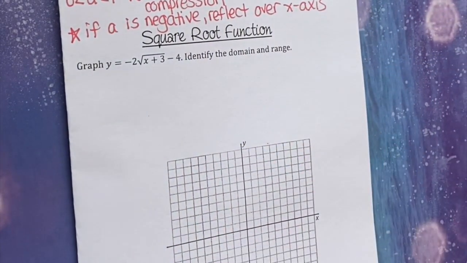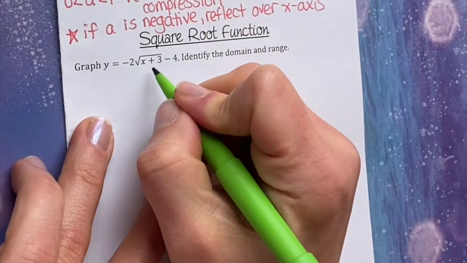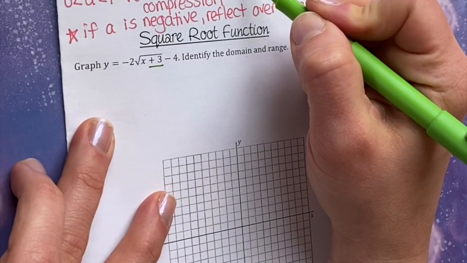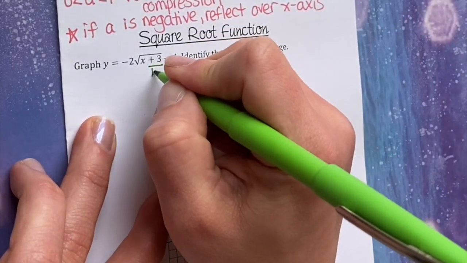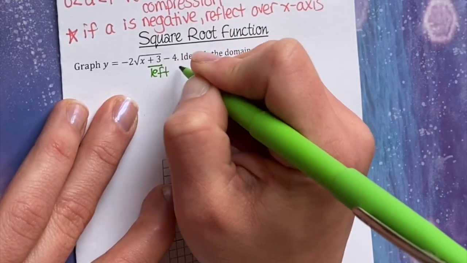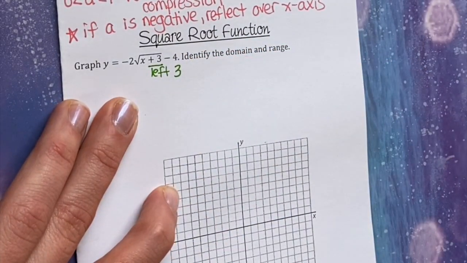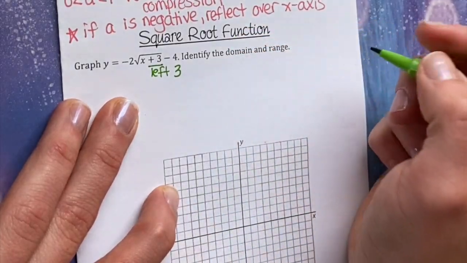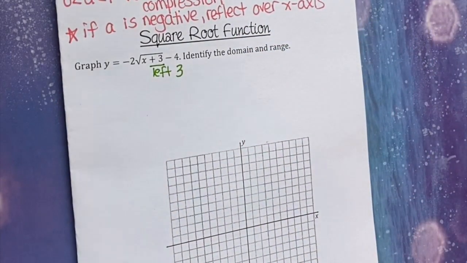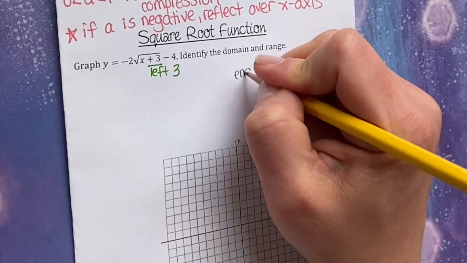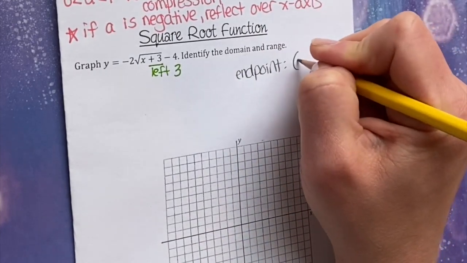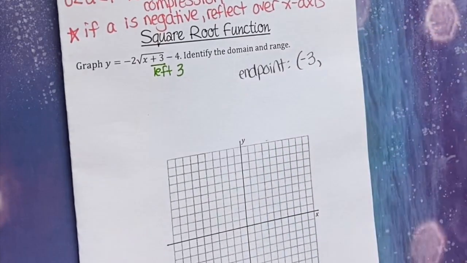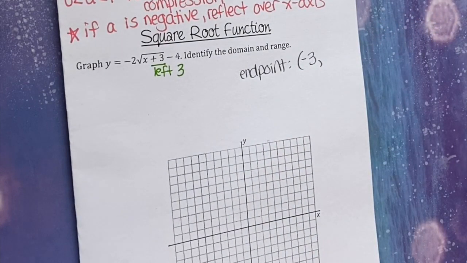Under here, let's make note of our h value. So here we are adding 3. So that means we would be going left 3 on our graph. So for our endpoint, it would be at -3 for the x value.